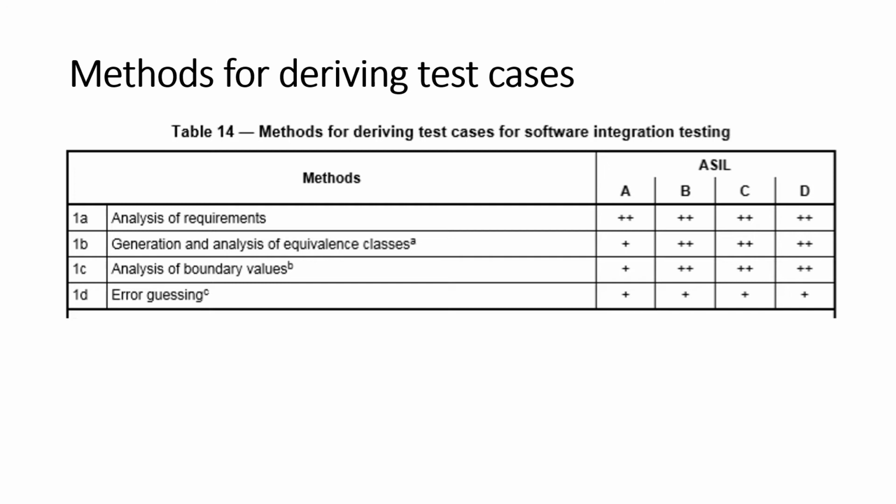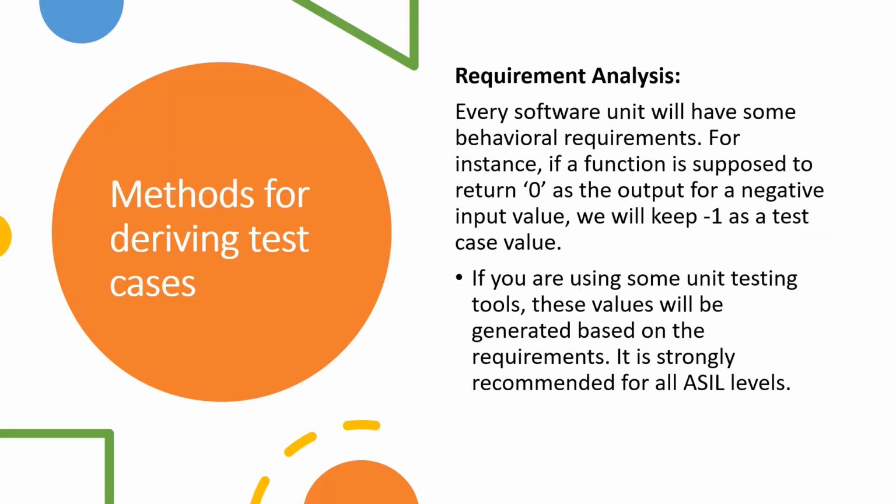If you see the entire table, plus plus indicates the mandatory things, plus is recommended and plus plus is highly recommended, we can say. So methods for deriving test cases, if we go into the details, the first method is requirement analysis.